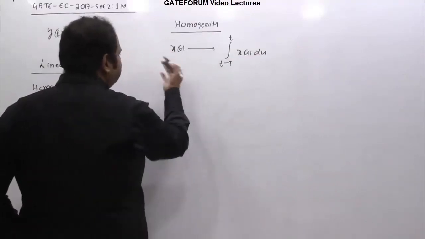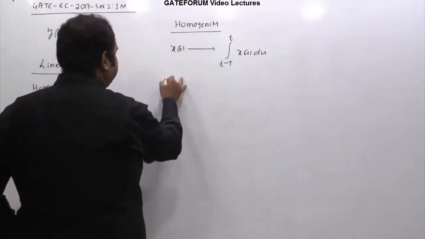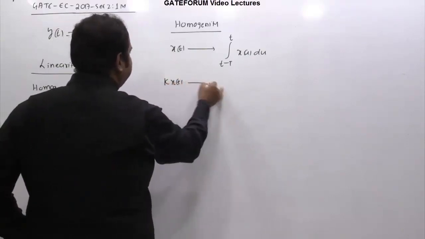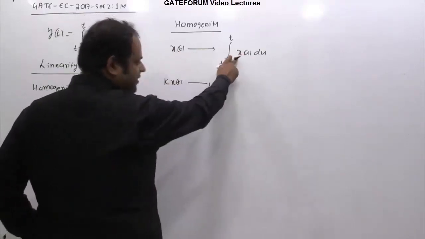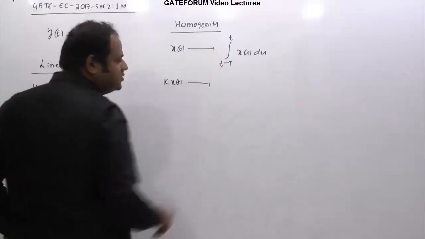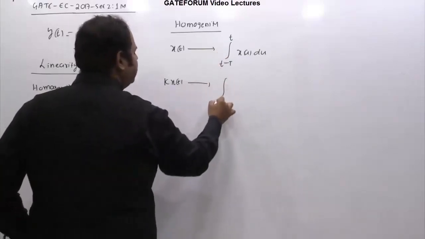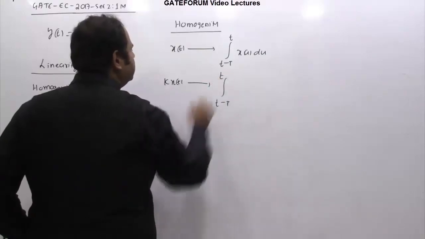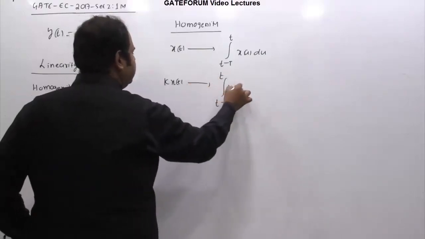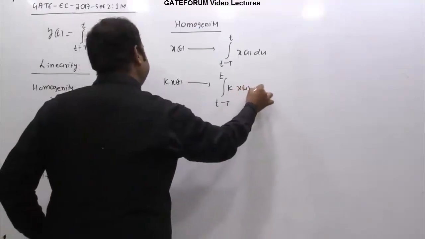Instead of x(t), if I give the input k times x(t), then x(t) is reflected as x(u) here, so t is changed to u. Because k is a constant, the limits will again be t minus T to t, and instead of x(u), you get k times x(u) du.